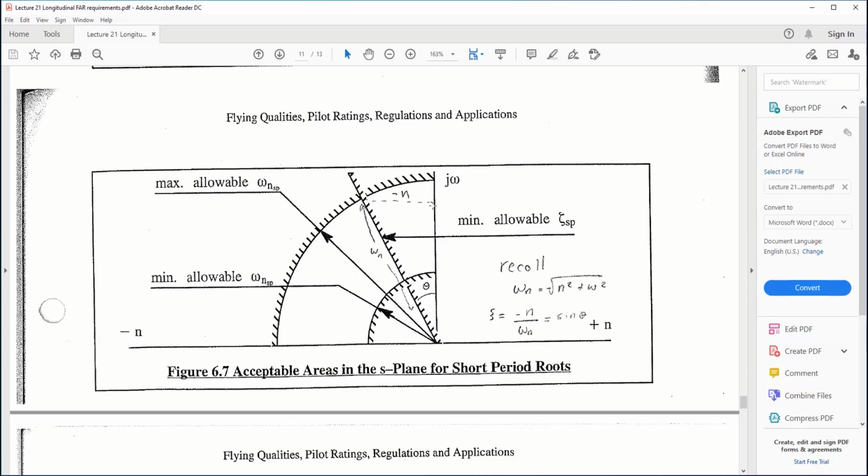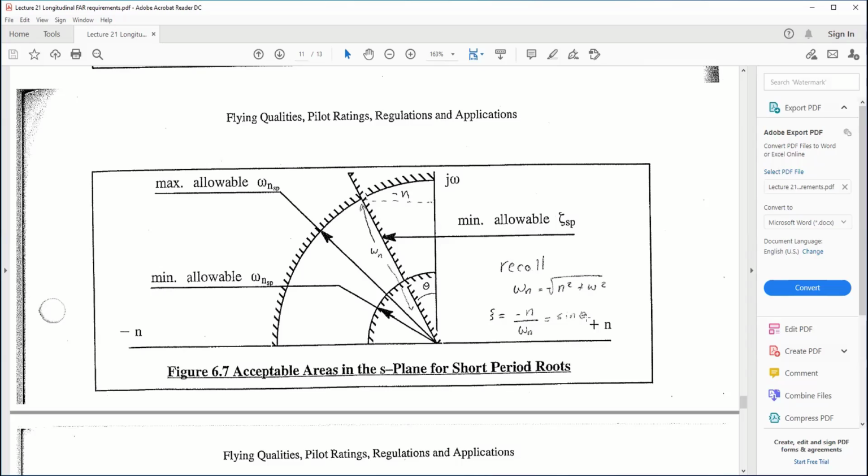So you plot the real part of the root. If it's stable, it's negative, so you're over here. The imaginary part is the vertical here. And omega n is then the magnitude out this way, because omega n is the square root of the real part squared plus the imaginary part squared. So that is the magnitude of the complex root.